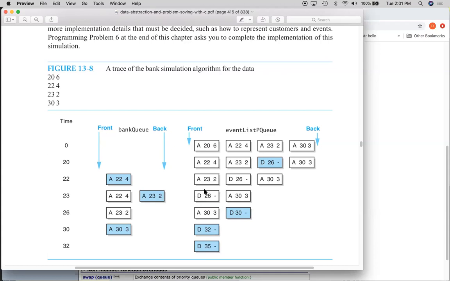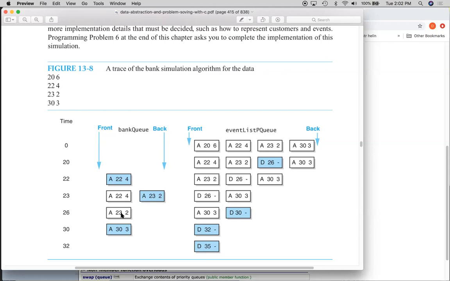So there's a departure at time 26. There are people in the bank queue. There are events in the bank queue. So that means that what we need to do is take the first person, the first event in the bank queue, or another way of saying that is the event at the front of the bank queue, and process it, which means we're going to remove it from the bank queue, and we're going to create a departure event for when this person is done being processed, right?